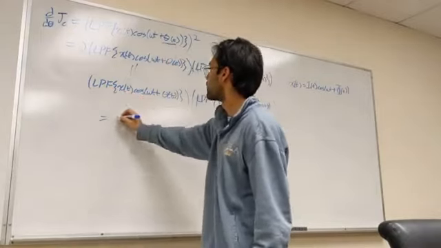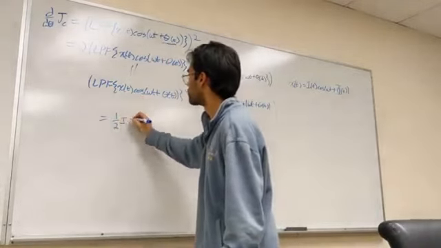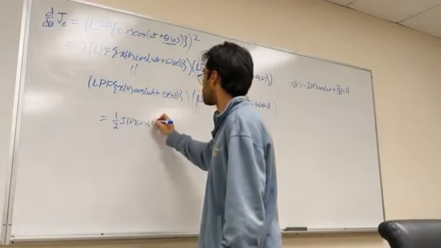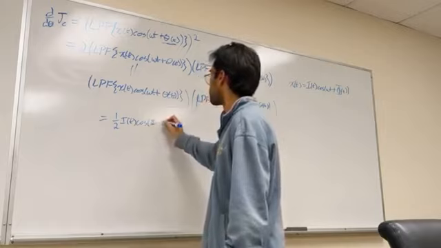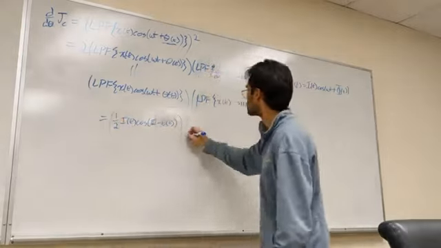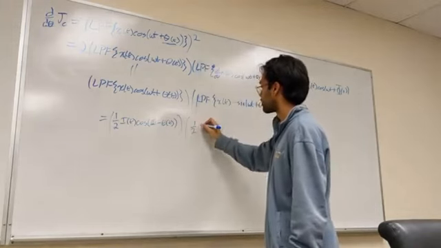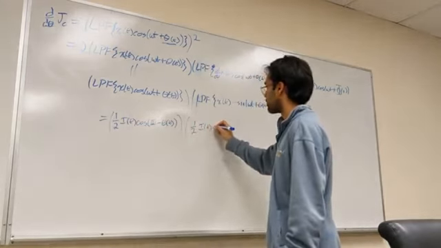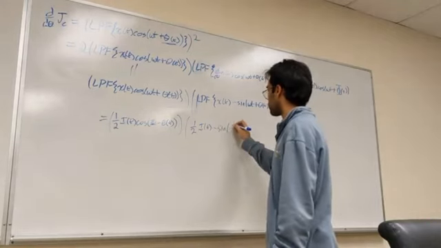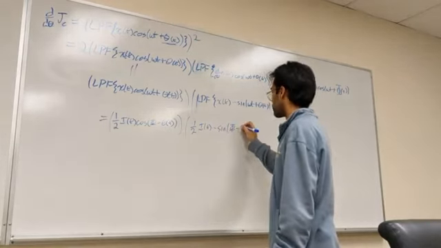This component, as you know, is 1/2 I of t times cos of phi minus theta. And then this component is 1/2 I of t times negative sine of phi minus theta of t.